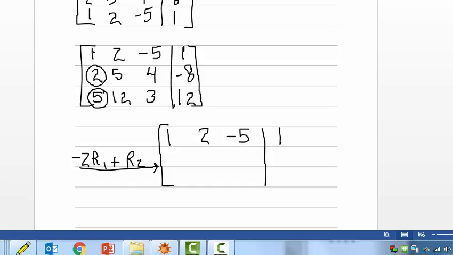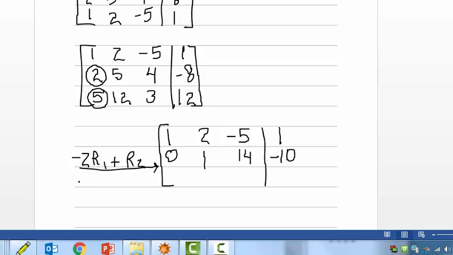So -2 times 1 plus 2 is 0. -2 times 2 plus 5 is 1. -2 times -5 plus 4 is 14. -2 times 1 plus -8 is -10.